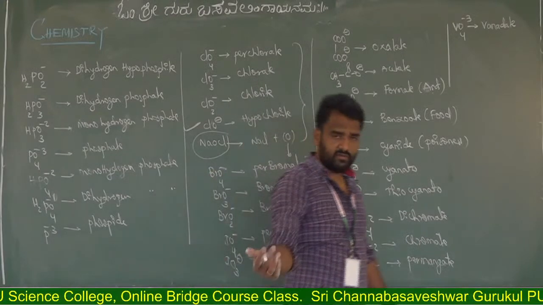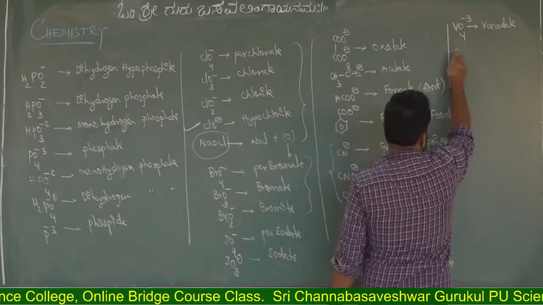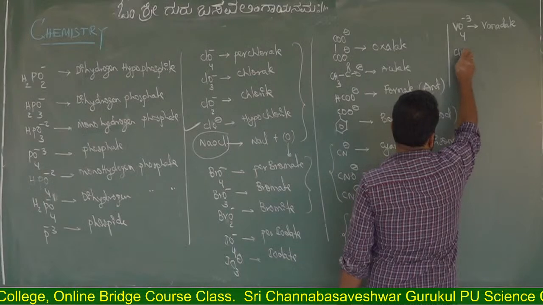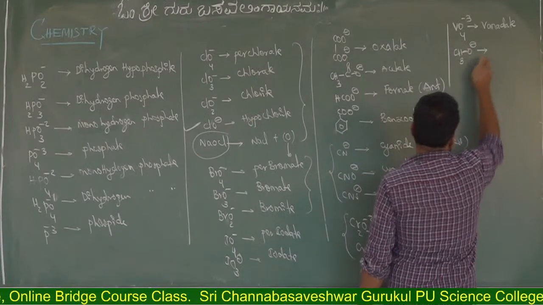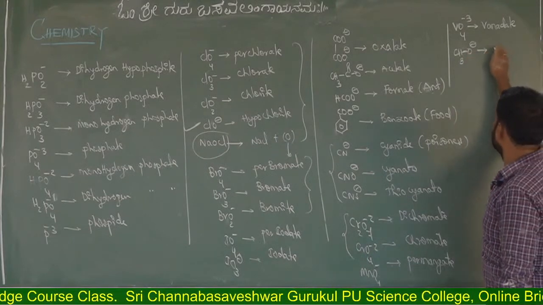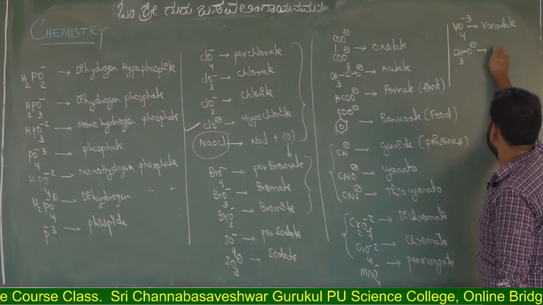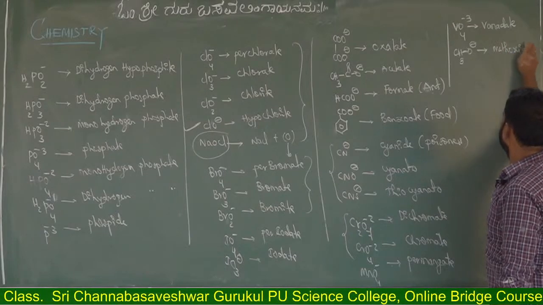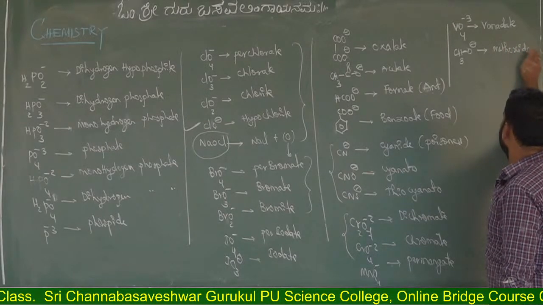And next, a few organic anions. CH3O minus is the methoxide ion, as in sodium methoxide. Next, ethoxide.